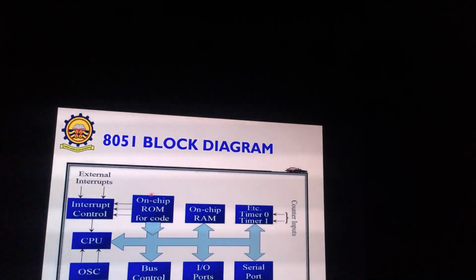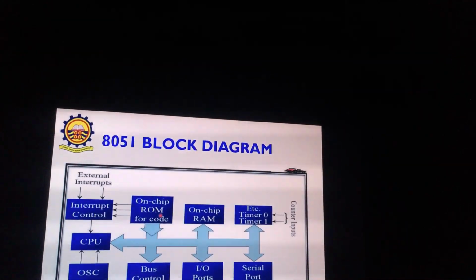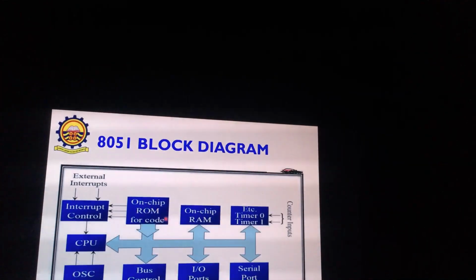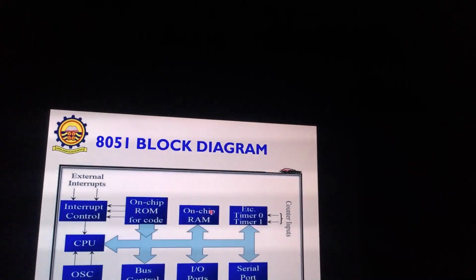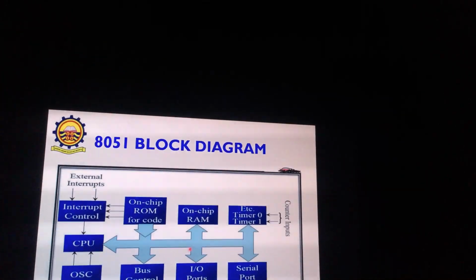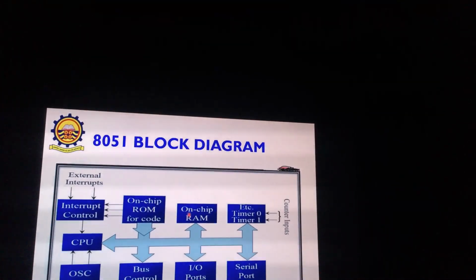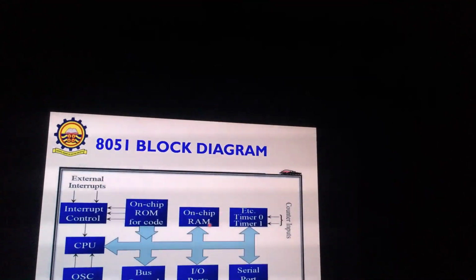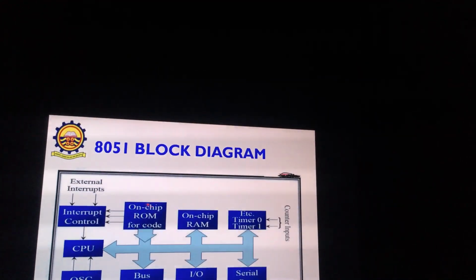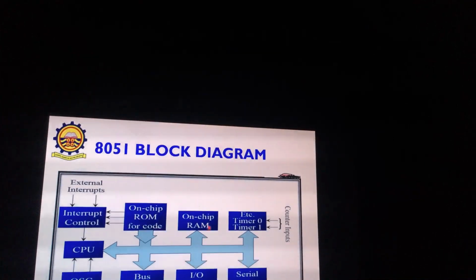Then the on-chip RAM keeps the information so that we can access it later, but it keeps it temporarily.